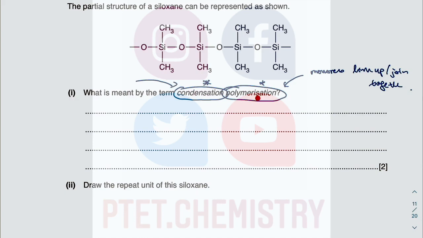If you have addition polymerization, your monomer will have a carbon-carbon double bond, okay? So what does your monomer have? Your monomers will kick out or will form a small molecule. What small molecule are we talking about?